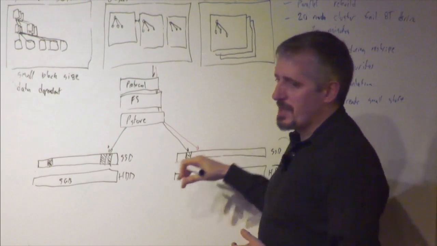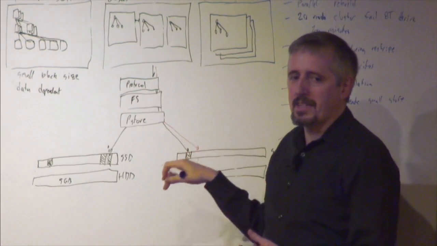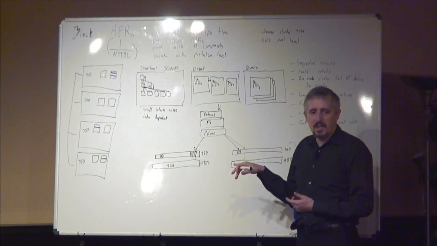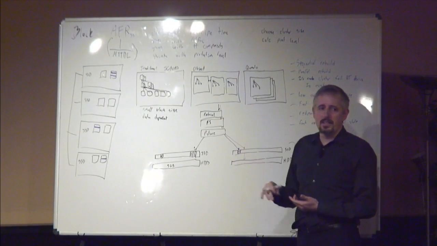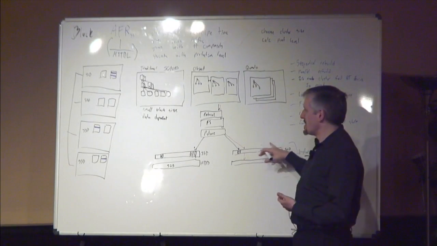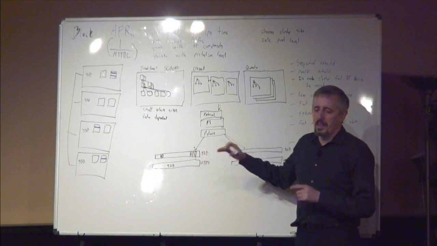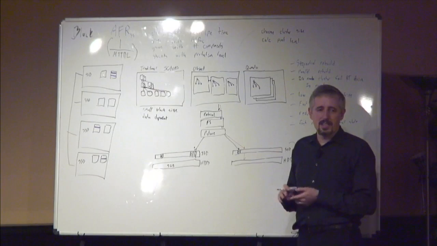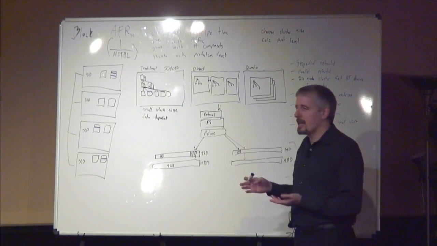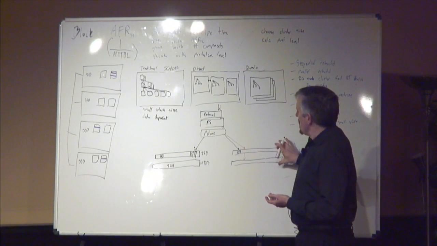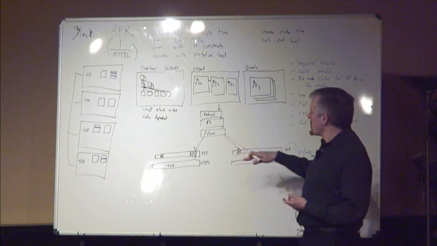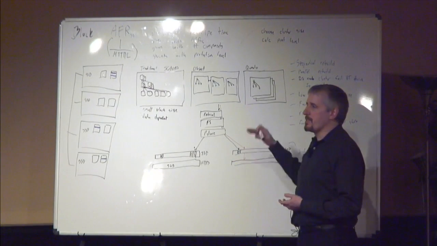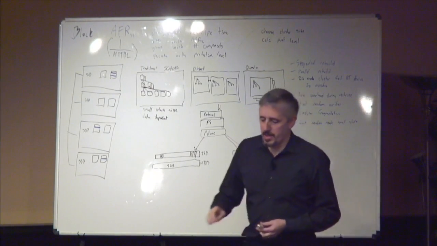So typically, what would end up staying in the SSDs is your metadata, or at least the hot metadata. If you have virtual machines, it could be the blocks that are hot in that virtual machine. And this makes it so our hard drives generally see very large IOs, and the SSDs can handle the small IOs.